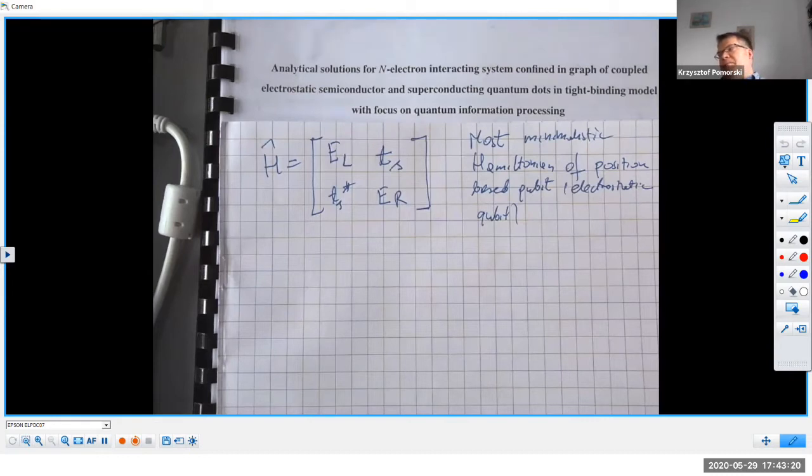I have one paper in SPIE proceedings. If you Google SPIE Pomorski proceedings, you will find my approach to this problem. You can Google Bartłomiej Szafran, and then you will find his Physical Review paper, quite recently published. So there's a bunch of papers.